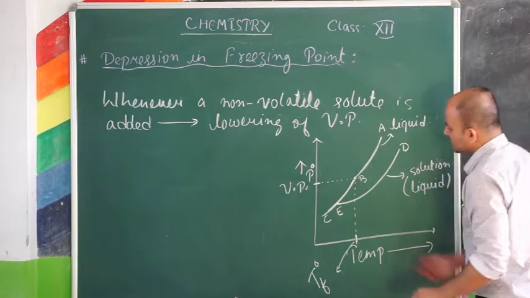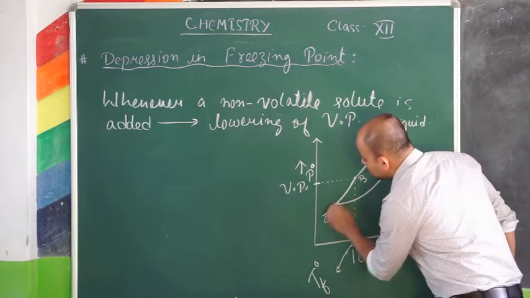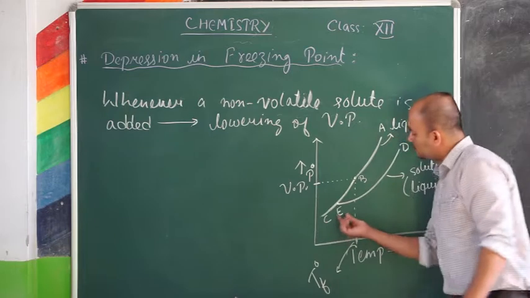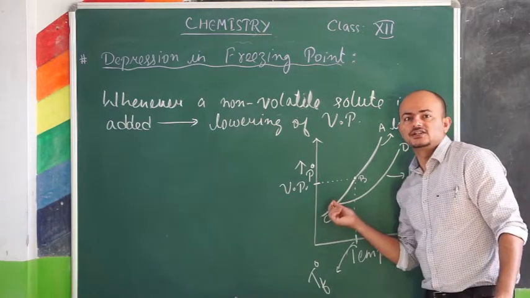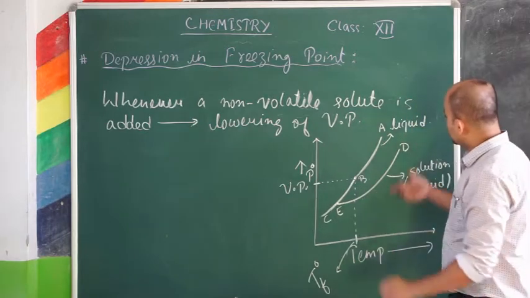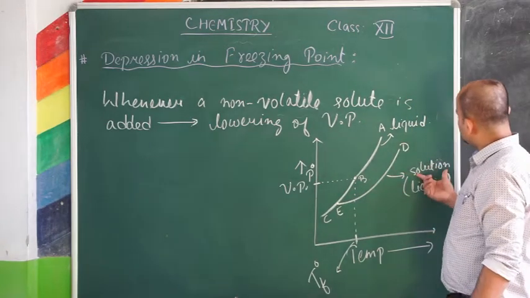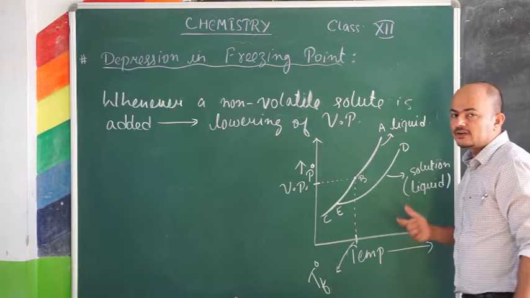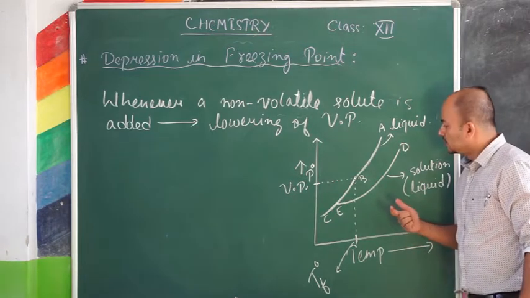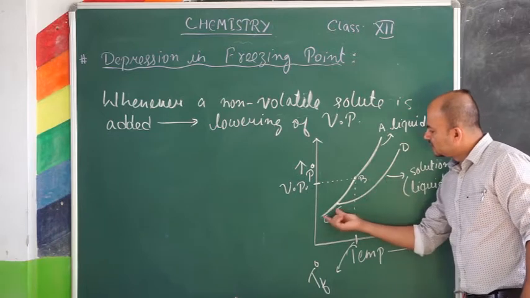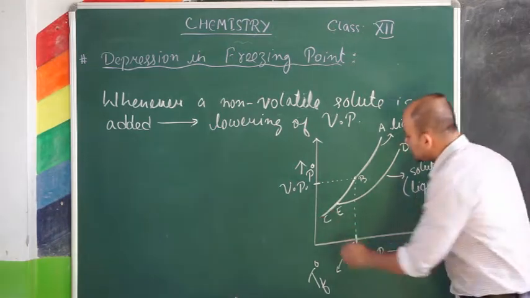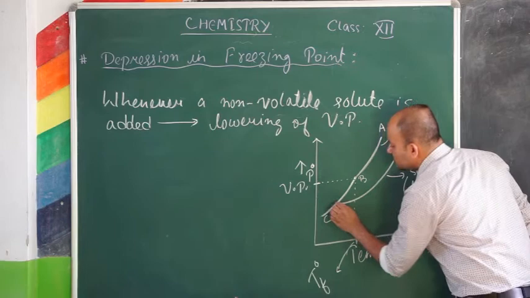Beyond E, from E to C, it will again be in the solid state. So for this solution which contains a non-volatile solute, the vapor pressure of the liquid and the solid state meet at this particular point.